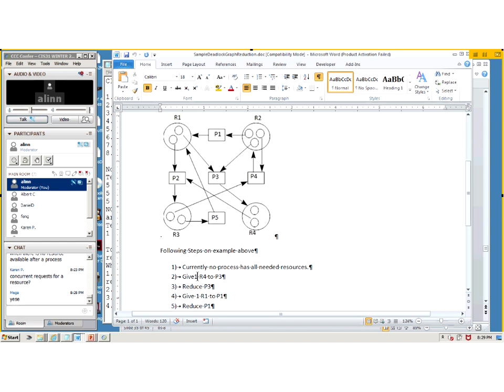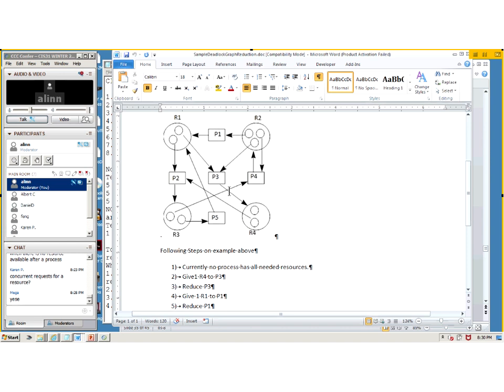Now it has everything it needs, and it will finish. Then we can reduce P3. So we let go of this resource, and we let go of the R1 type resource. So P3 is gone.